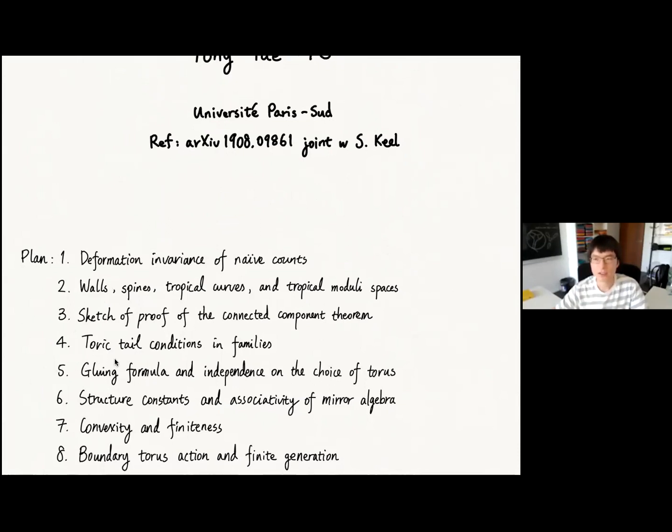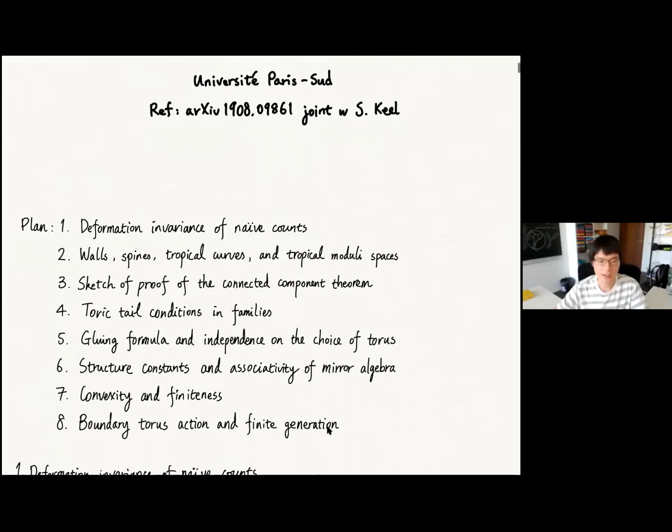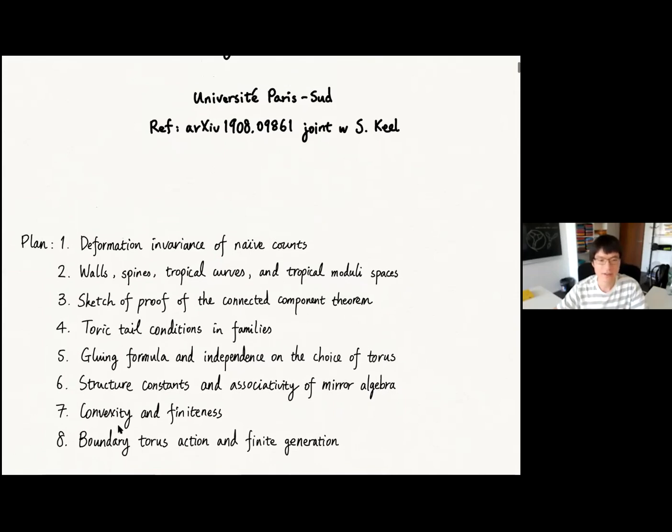Fourth, toric tail conditions in families. Fifth, Gross's formula and independence on the choice of torus. Sixth, structure constants and associativity of the mirror algebra. And seventh, convexity finiteness. Eighth, boundary torus action and finite generation.